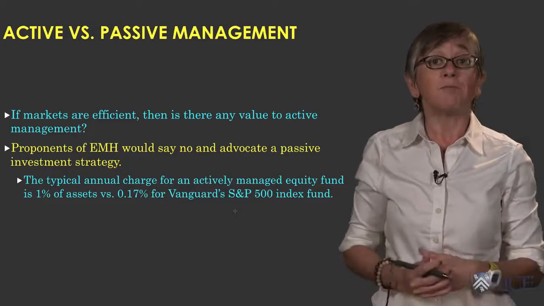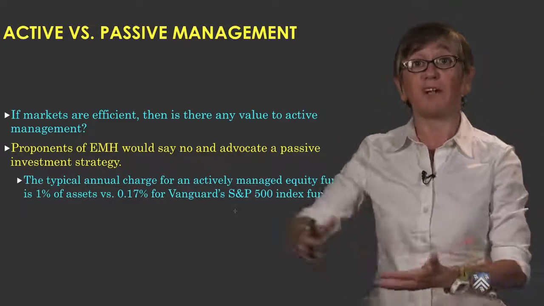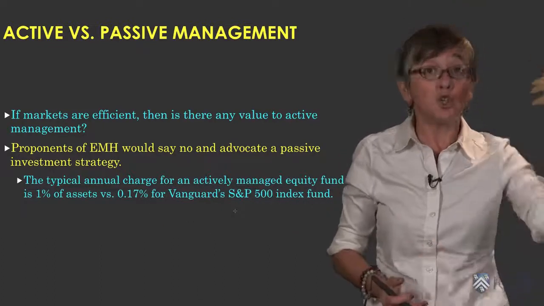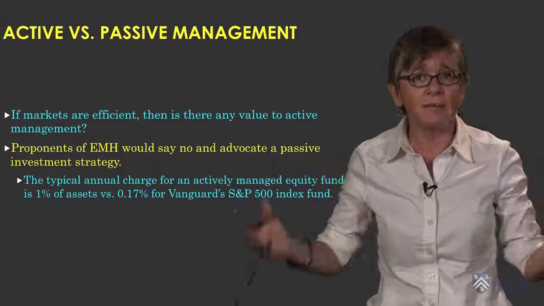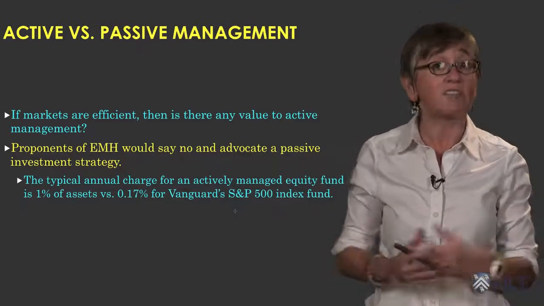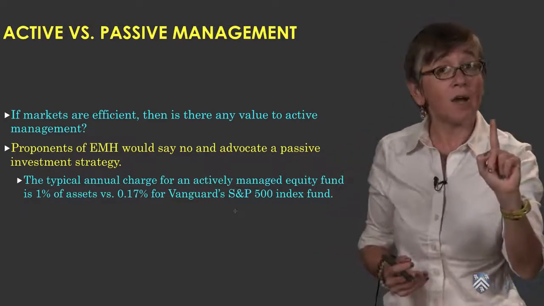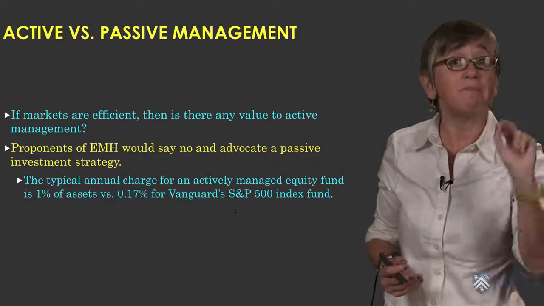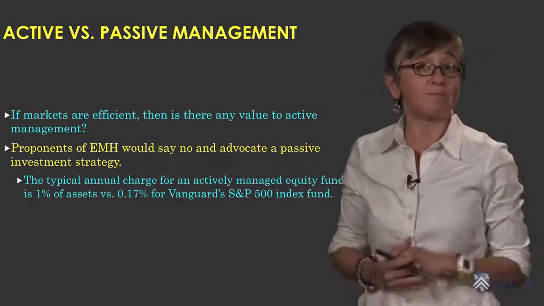Well, you're probably thinking, how about investing in actively managed mutual fund portfolios? Surely the managers of these large mutual funds have the resources and the ability to uncover mispriced stocks. But then the question becomes, will this mispricing be sufficient to cover the fees for their services?